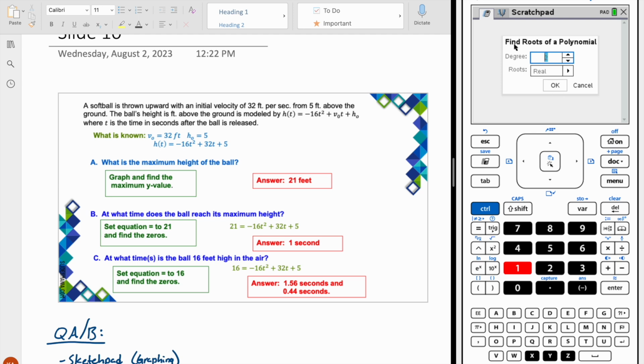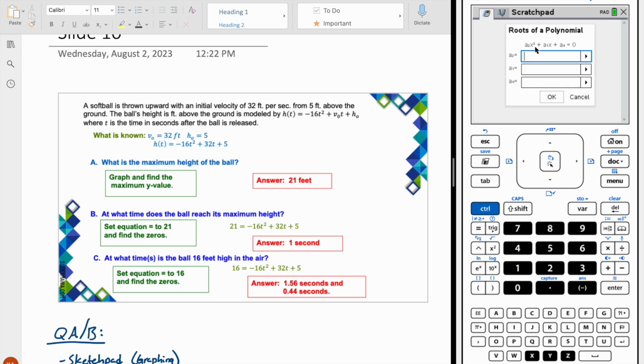Now, we're going to have to put in the degree. The degree is the highest exponent of this problem. In this case, it's going to be 2. And we're looking for real roots. We hit OK. And notice, it's showing us that polynomial. Now, it is asking for a to the second power.